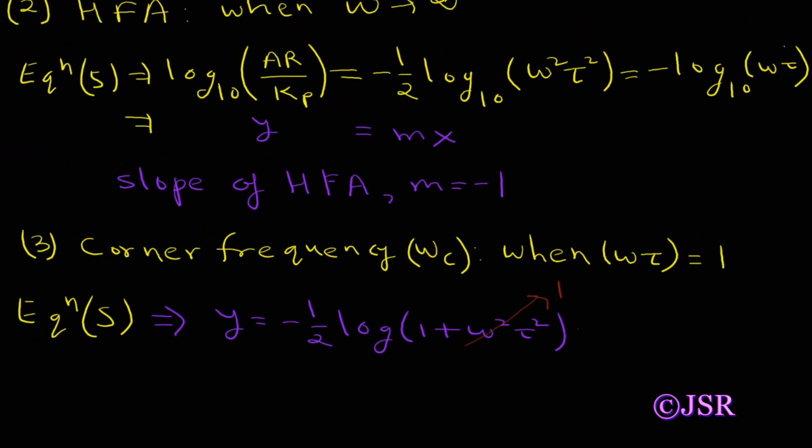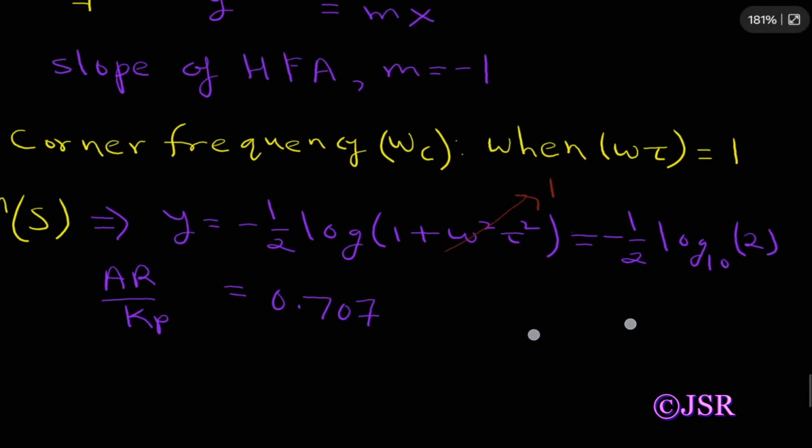So finally we have minus half log 10 of 2, and finally AR by Kp will be equal to 0.707.